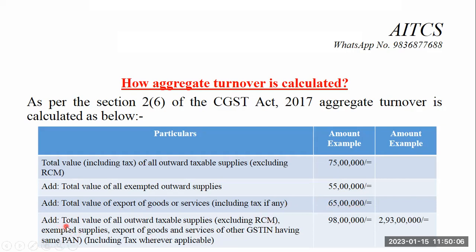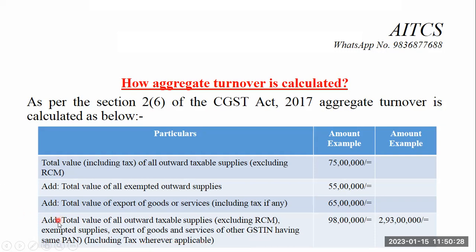Now, this is very important. Total value of all outward taxable supplies, excluding RCM, exempted supplies, export of goods and services of other GSTINs having the same PAN, including tax wherever applicable.